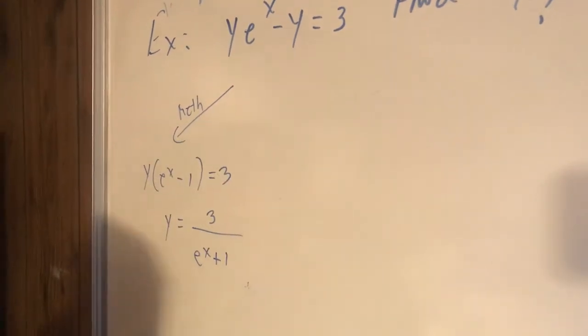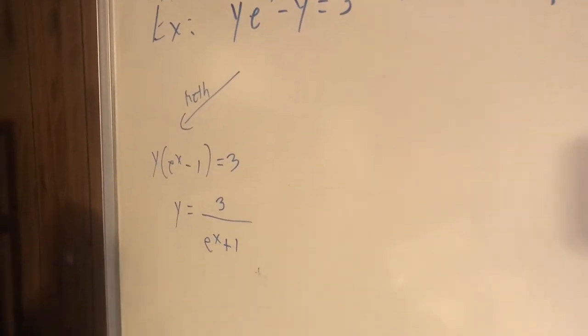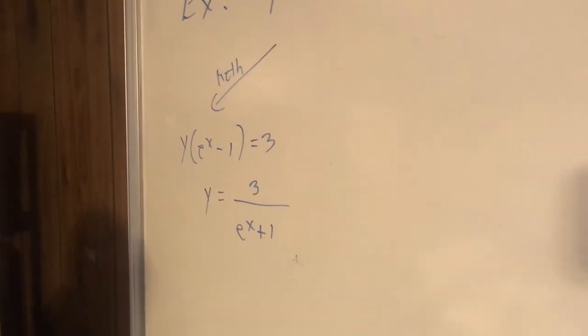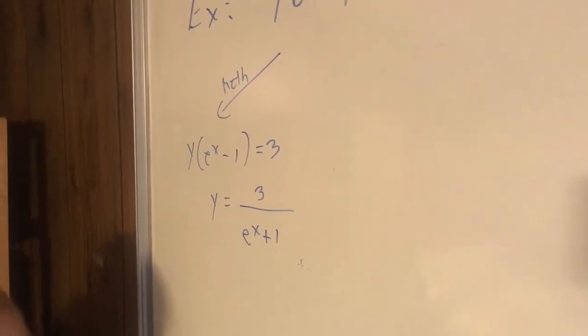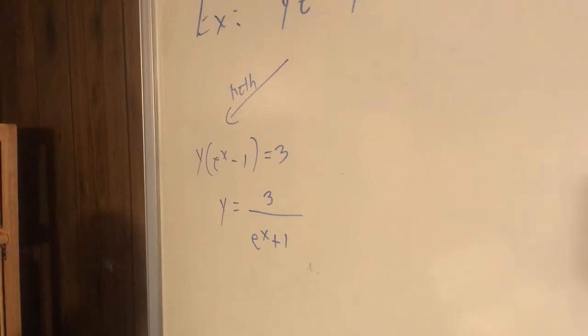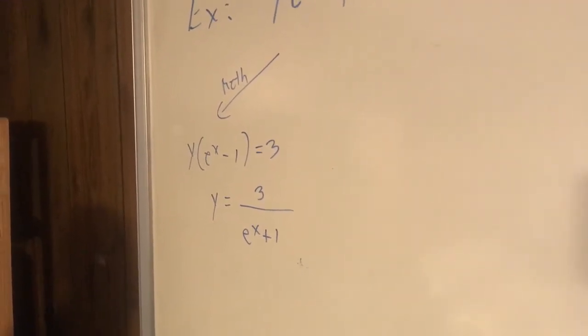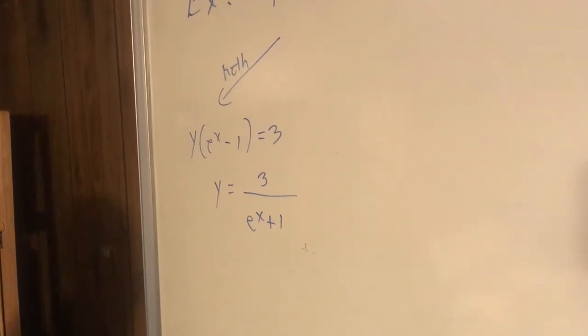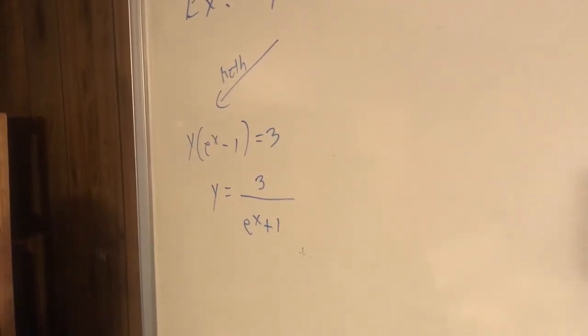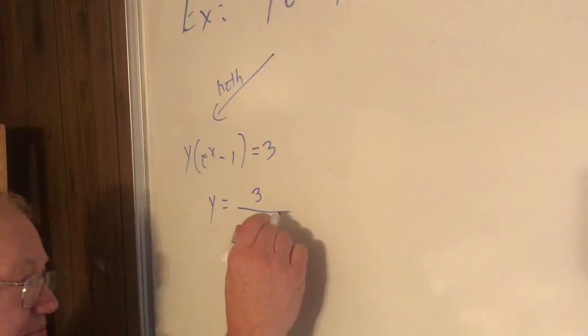Now I would take dy dx using what? Well, most of you would probably use the quotient rule because you don't like the chain rule. I'm going to pull a fast one on you here, though. I'm going to do this as a chain rule.